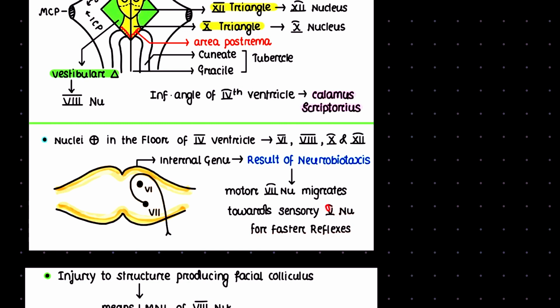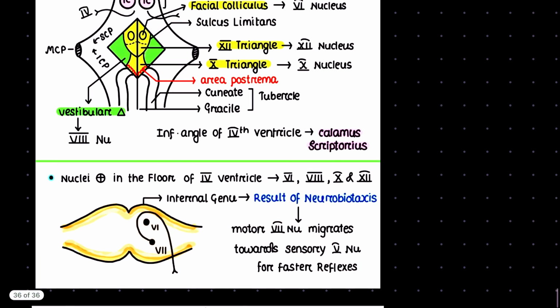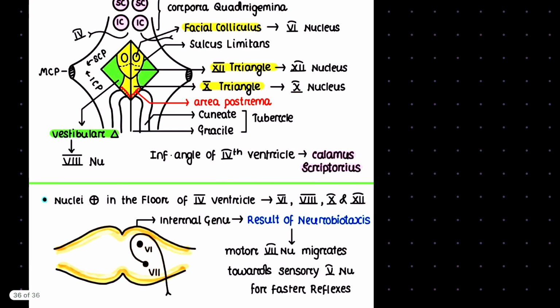Sorry, not the sixth, the sensory fifth, we are talking about the trigeminal. The motor nucleus of the seventh migrates towards the sensory fifth nucleus for a faster response, that is neurobiotaxis, and this is the reason why our seventh cranial nerve is winding around to be nearer to the fifth cranial nerve, the sensory part. Okay, so this is all about that.